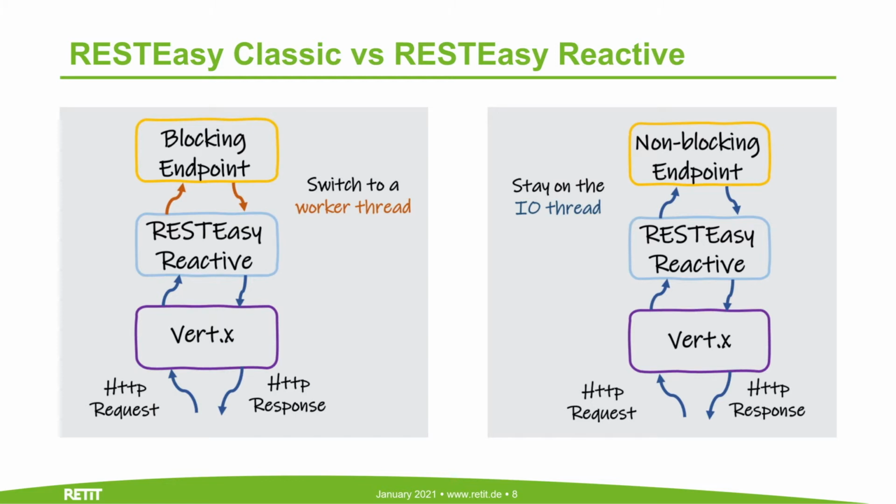And if you have RESTEasy Reactive with that @Blocking annotation, you have the same thing as RESTEasy Classic, which means that it starts on the IO thread, but there's actually a worker thread dispatched. So reactive endpoints also cannot have any blocking interaction, because otherwise an exception is thrown, and that is because IO threads aren't capable of handling any blocking or long-lasting operations.